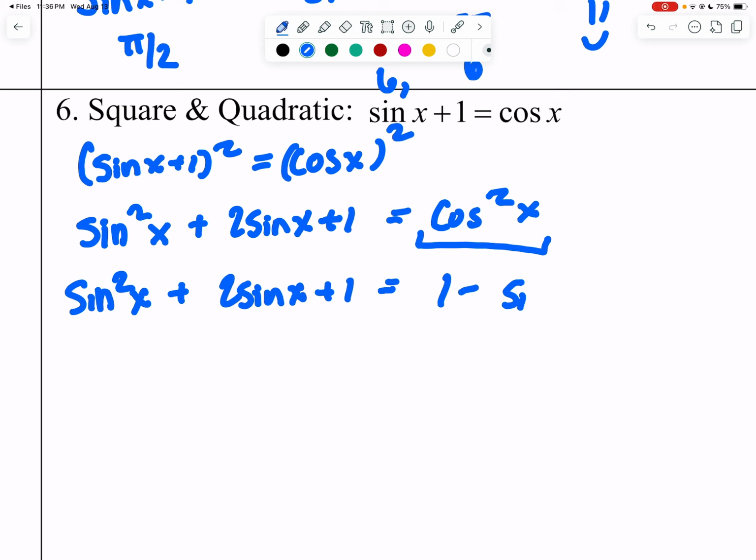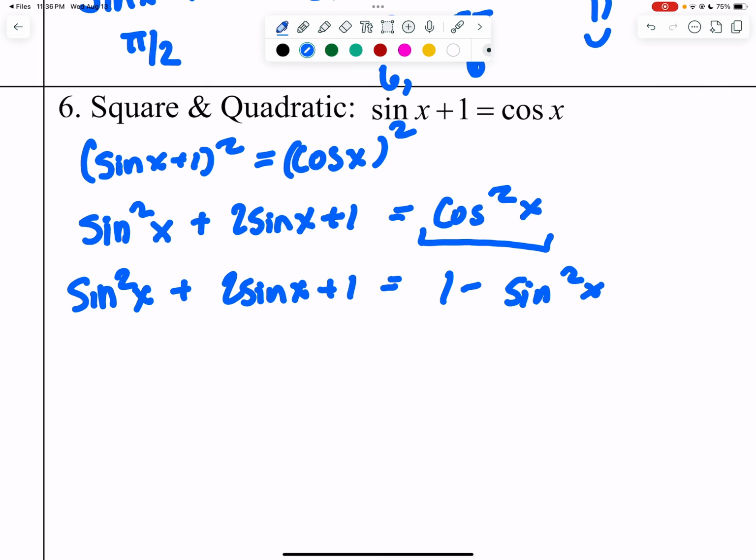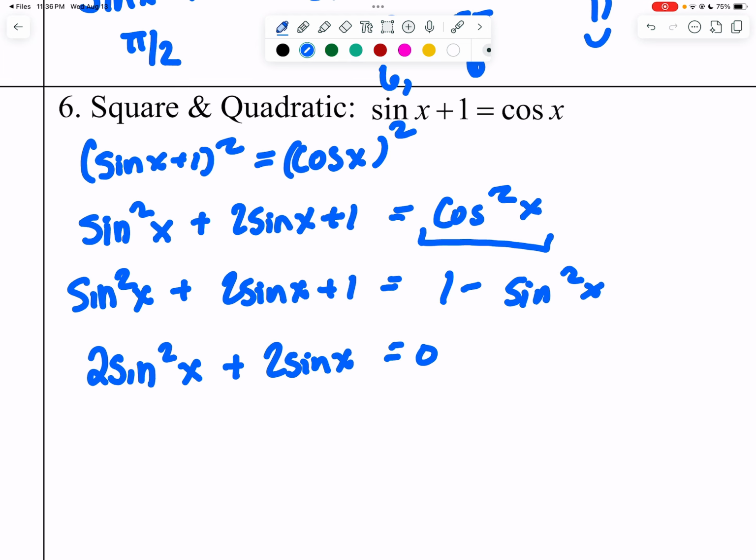So 1 minus sine square of x. Go ahead and move everything to the left side. Plus 2 sine of x is equal to 0.